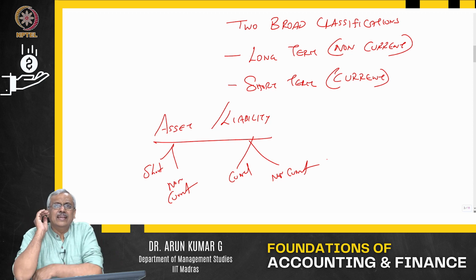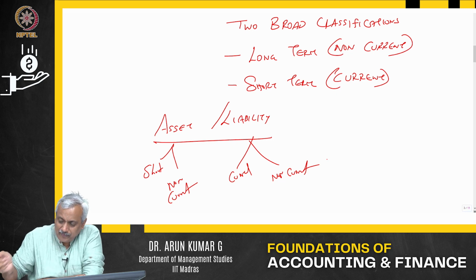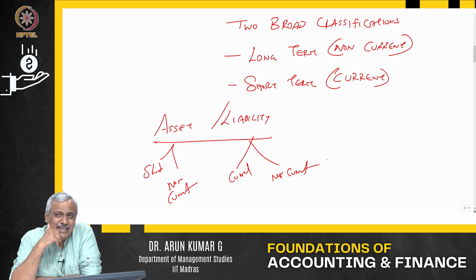Any liability which is not due in the immediate future, normally within the next 1 year, is called a long term or non-current liability. Now, one can argue with me, sir, you said 1 year, I have to pay something in 365 days, or 367 days. So, does it not become non-current, because it is just 1 year and 2 days?